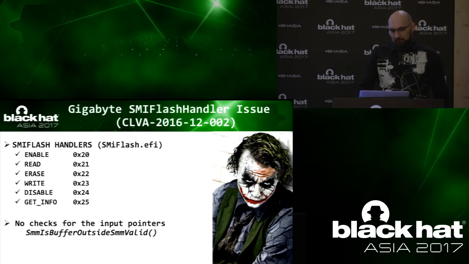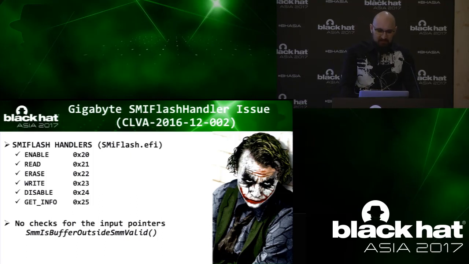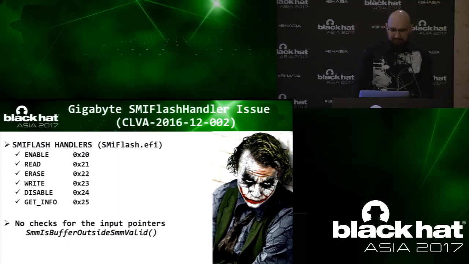We also have the SMI flash handler, which has specific callback functionality for read, erase, and write of SPI flash memory. Here there are no checks for validating SMI handlers, which was already proposed by Intel years ago.